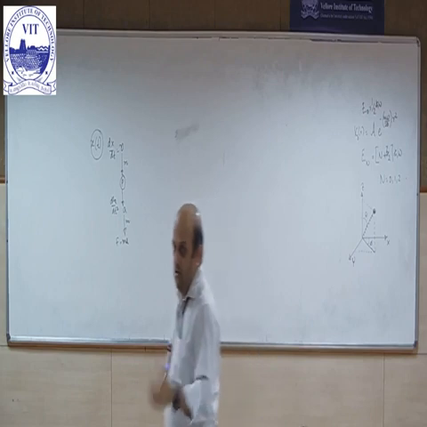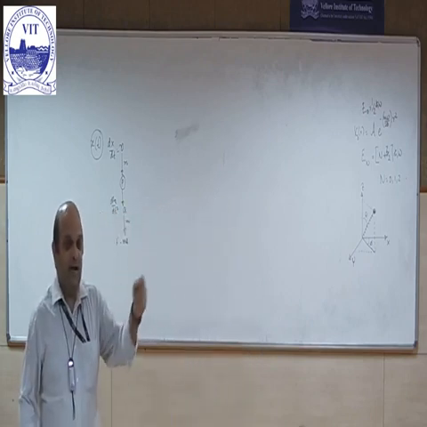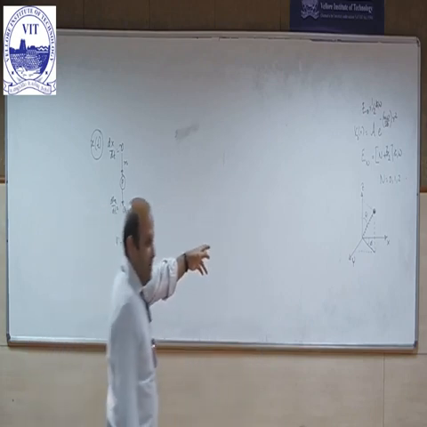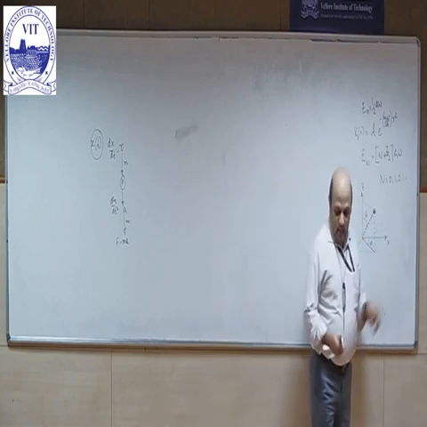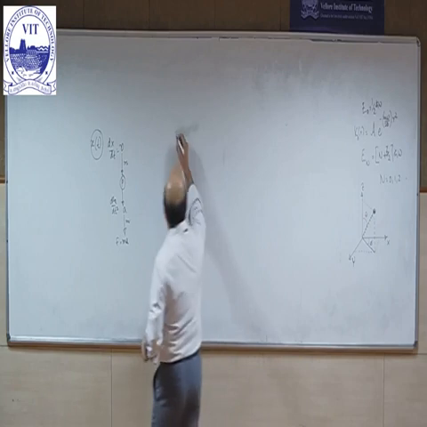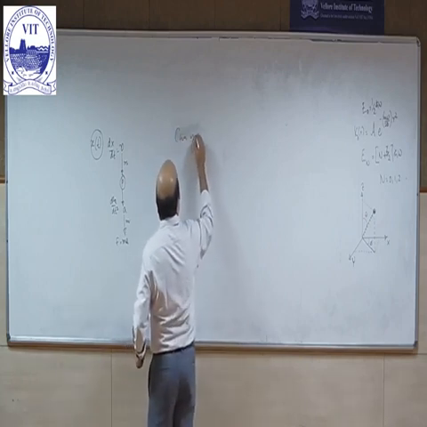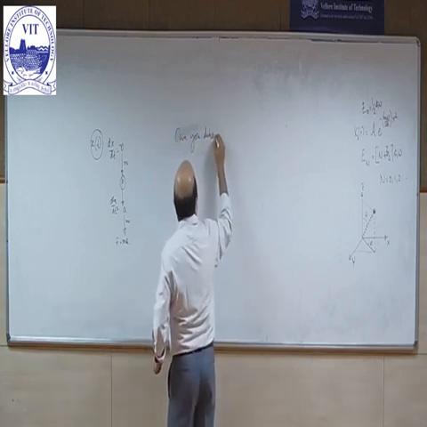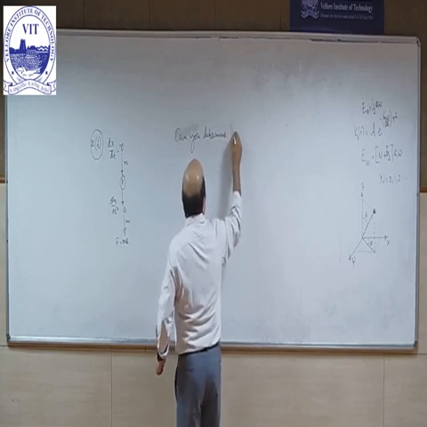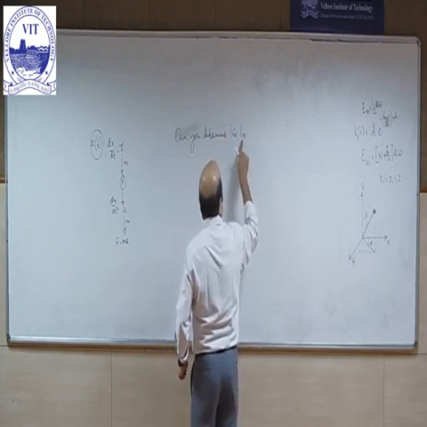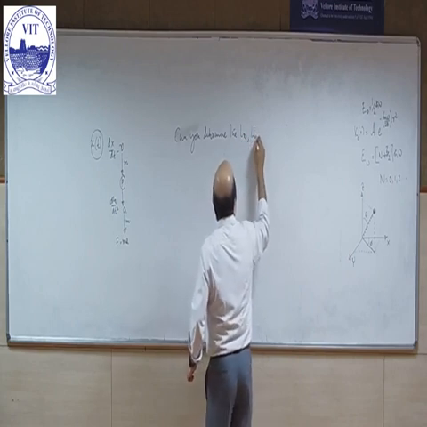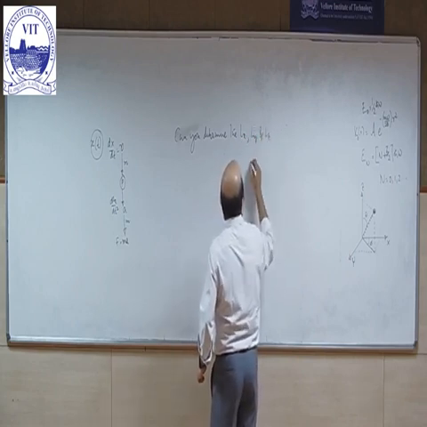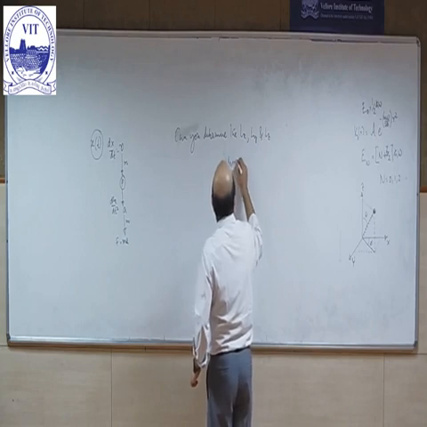I'll tell you, go to the lab, measure the angular momentum, and the system is in 3 dimensions. So the question will be, can you determine the Lx, the angular momentum component along x, Ly, and Lz simultaneously?